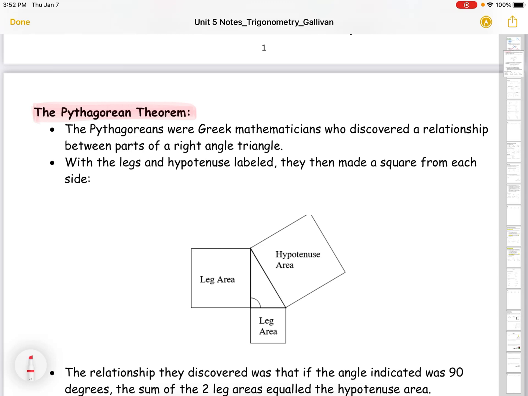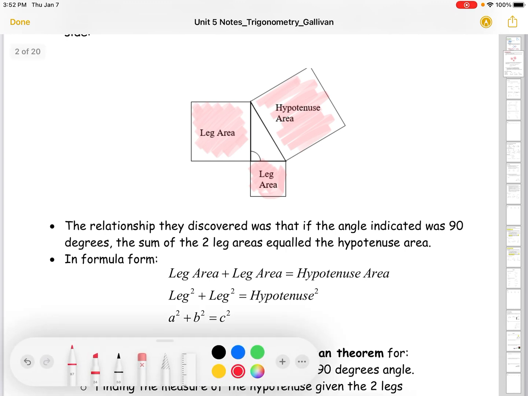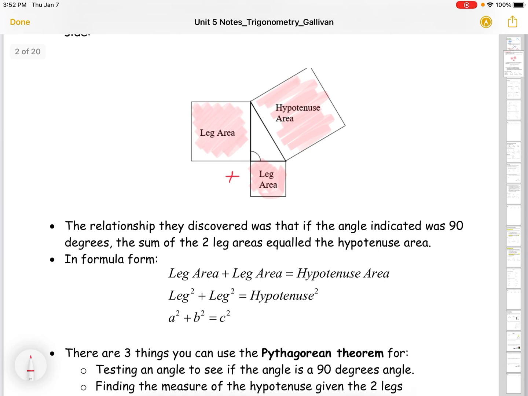What he noticed is that with the legs and hypotenuse labeled, he could make a square from each of those sides. The relationship he discovered was that if the angle indicated was 90 degrees, and he added the areas of the squares on the other two sides together, they equaled the larger area.